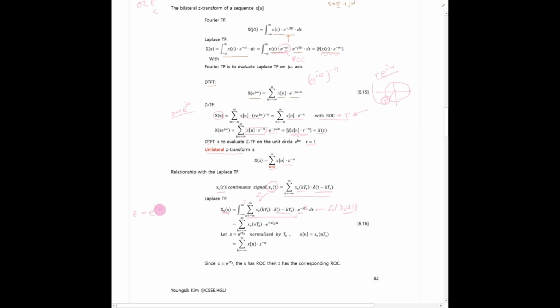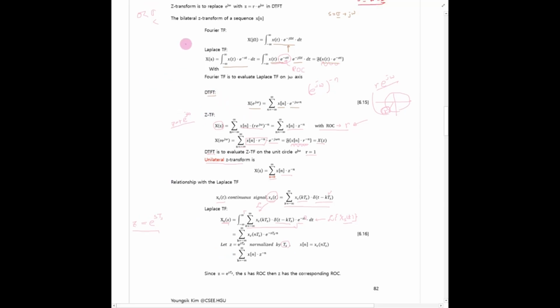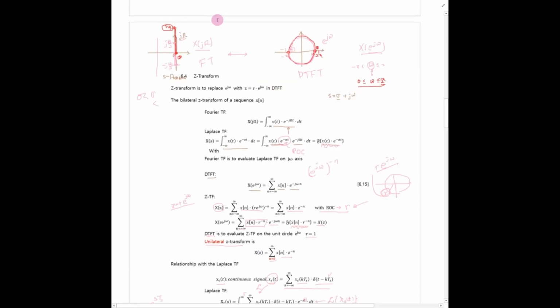Ts is the sample period. We make a sampling, so the sample period is Ts. Here, if we take G as e to the sTs, then Ts is a normalizing factor. As we have done in the DTFT, you know that omega times Ts is the omega, the normalized frequency.